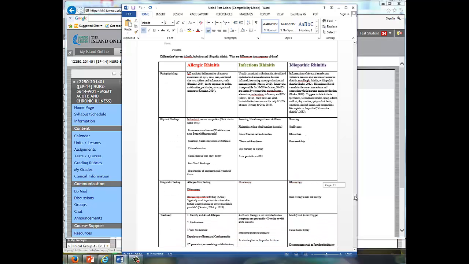Okay, so here's something on rhinitis, and you're going to see a lot of that. Just understand whether it's allergic, infectious, or for no particular reason. I know that there are people who can react to triggers and not necessarily have an allergy.